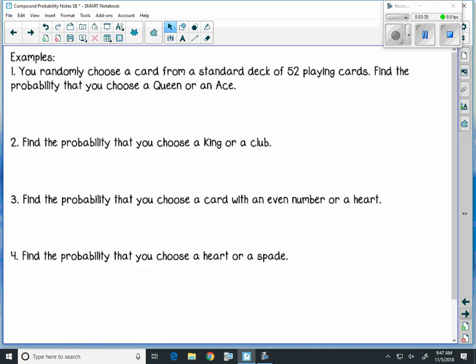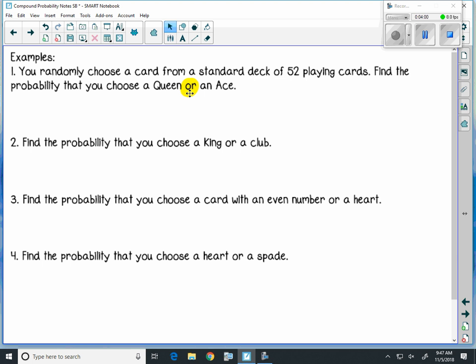Alright. So, randomly choose a card from a standard deck of 52 playing cards. Find the probability that you chose a queen or an ace. The first thing you have to ask yourself is, is this "and" or "or"? What do you think? Or. Right here we see the word or, so it's going to be a union.